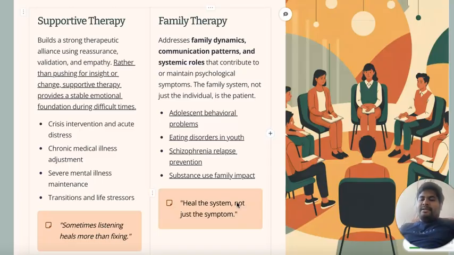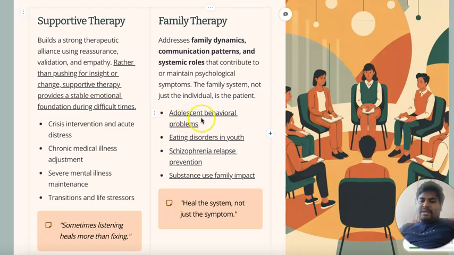So this way of therapy, in which whole family dynamics is involved, and in which the family is taught about the communication patterns and their respective roles in the family to deal with the problem of an individual in the family, then we say it is family therapy.